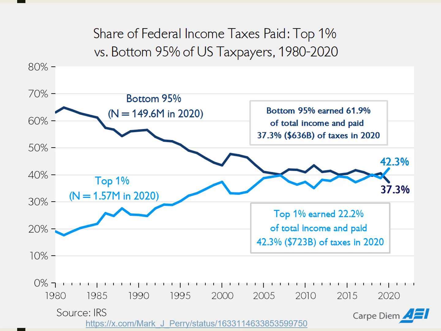Those at the top 1% are now paying more as a percentage of the overall taxes that come into the government. I couldn't find something that included just the states, or I couldn't tell for sure, so this might be just looking at federal income, but it's the same across the board. States tend to be a little less progressive in their taxes, so you can see a little difference there. The link is on the slide if you are interested in digging into this information a little more.